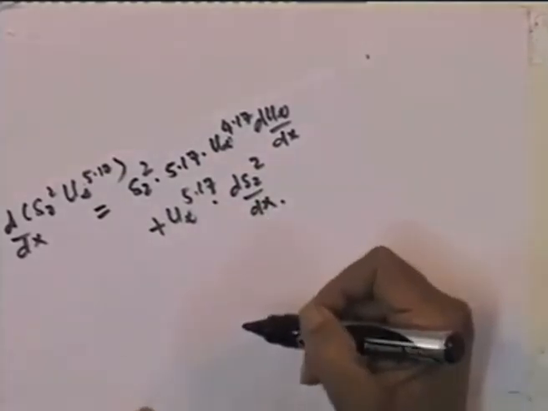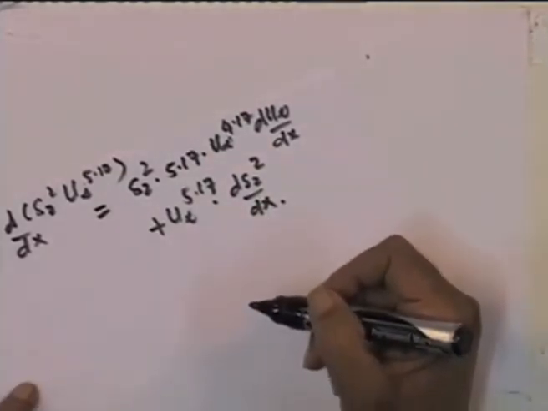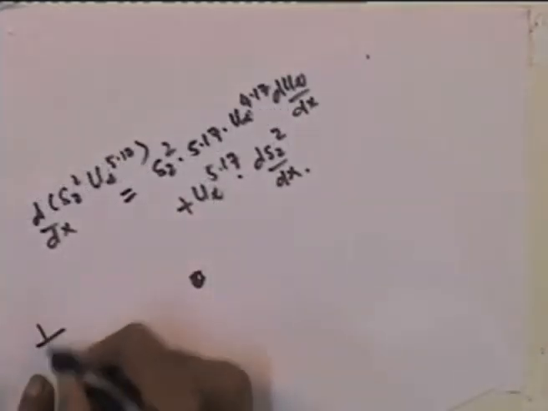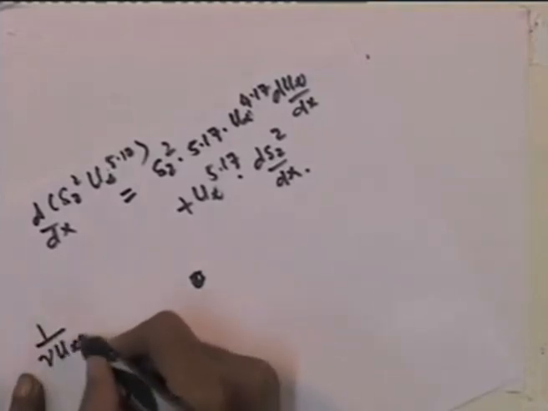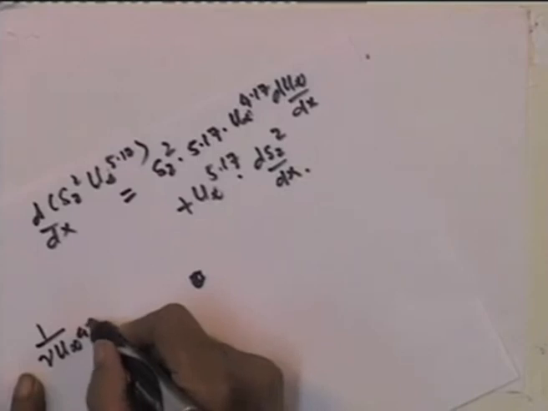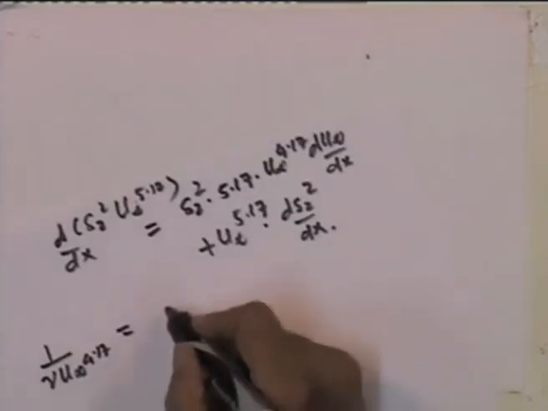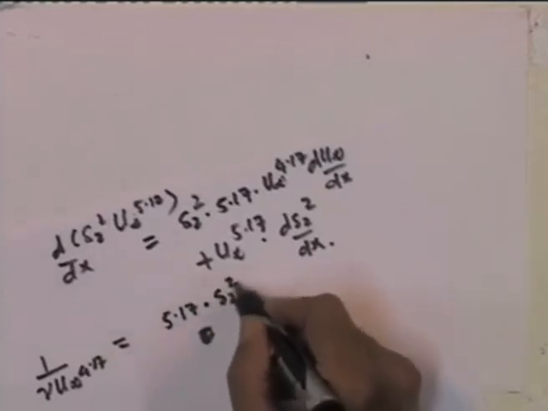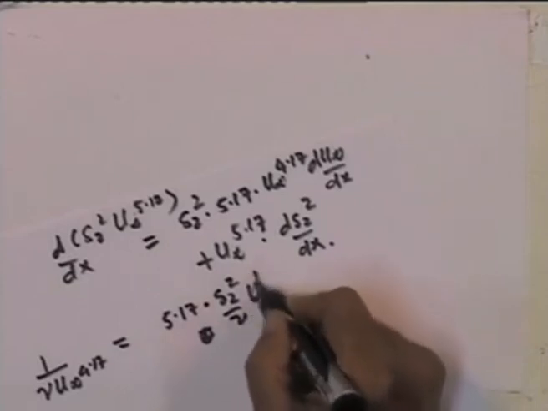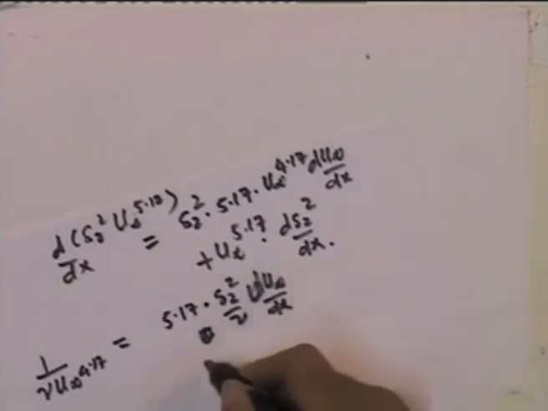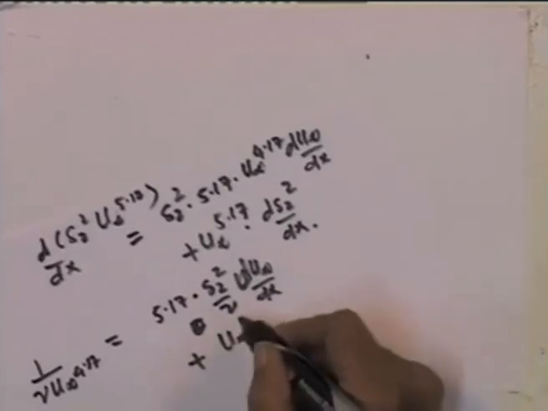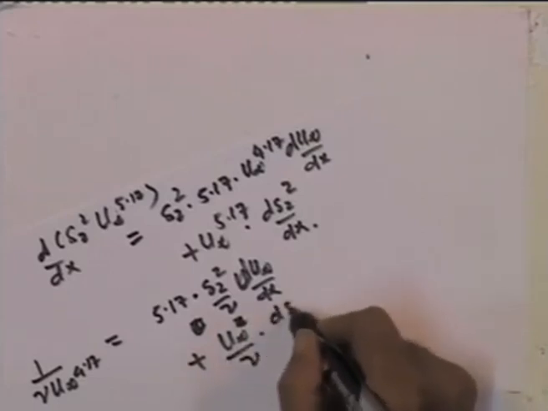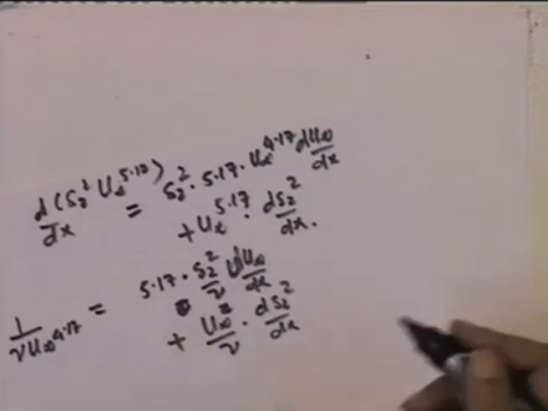This is what it would mean, and therefore, if I divide this by nu u infinity raised to 4.17, I will get 5.17 into delta 2 squared by nu du infinity by dx plus u infinity square by u infinity by nu d delta 2 squared by dx, that is equal to 0.44.